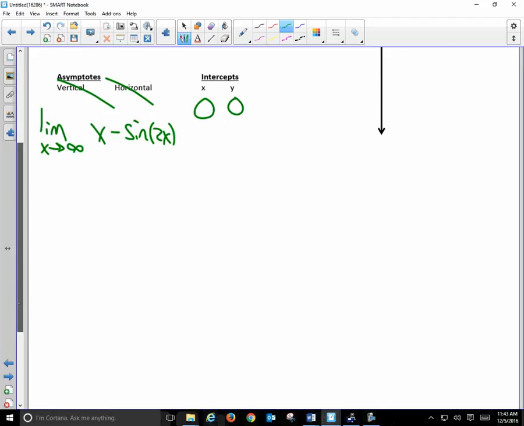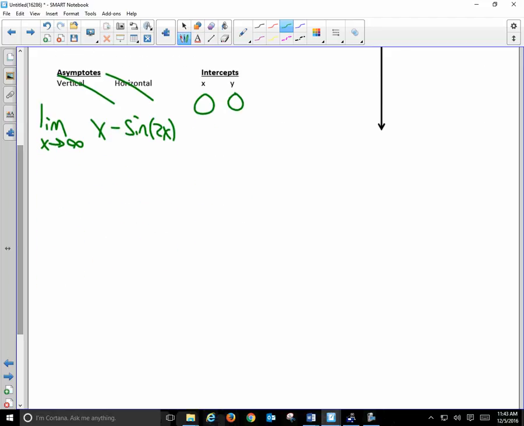Although this may look like a challenging limit to evaluate, it's really not that bad. I'm going to factor out an x, and I get the limit as x goes to infinity of x times 1 minus sine of 2x over x. Think about what happens. Sine of 2x is always going to stay between what 2 values? 1 and negative 1.